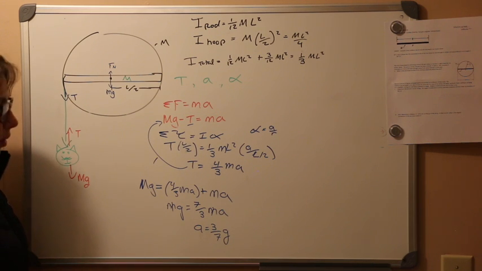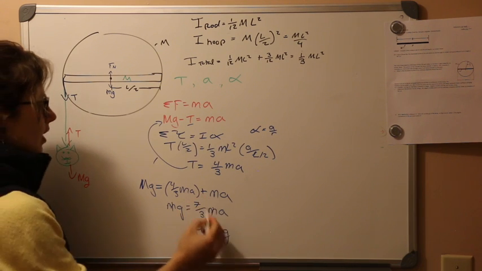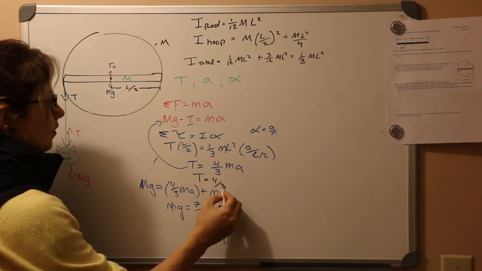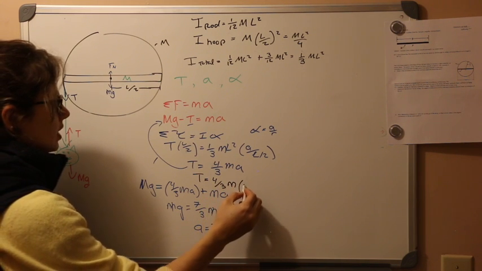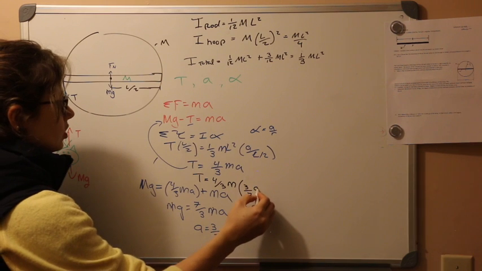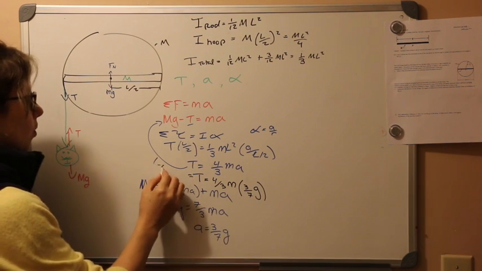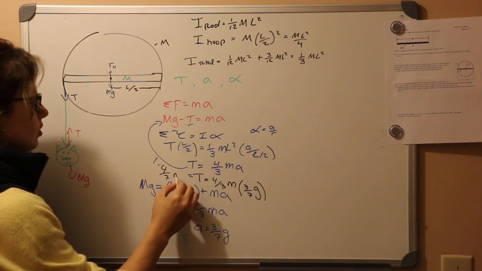We do have to do a little bit more work to actually fully answer the question, although it's not a big deal. We just have to say, oh, listen, we now know a, so we can actually tell you what tension is. 4/3 m times 3/7 g. So that's just going to simplify to 4/7 mg.